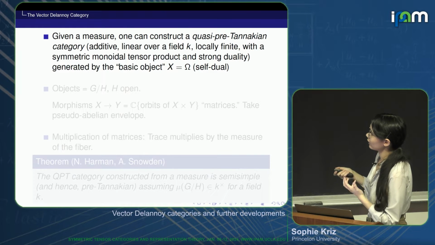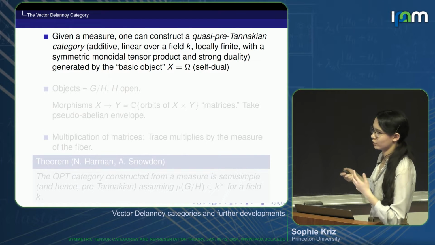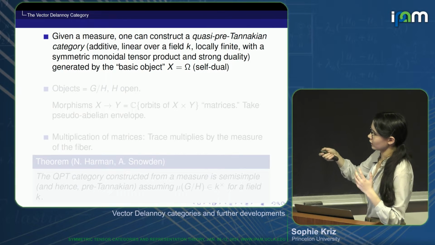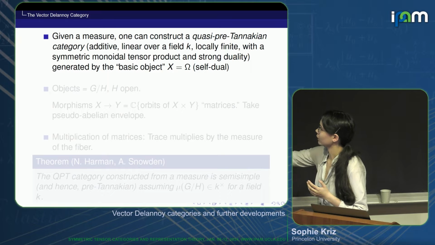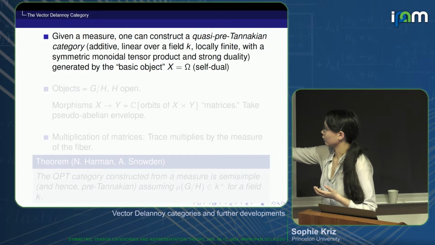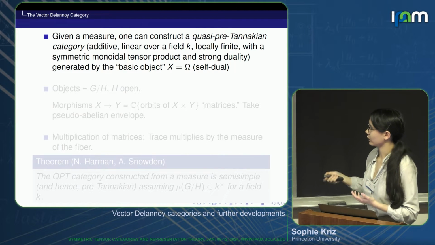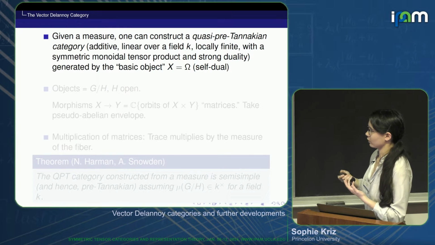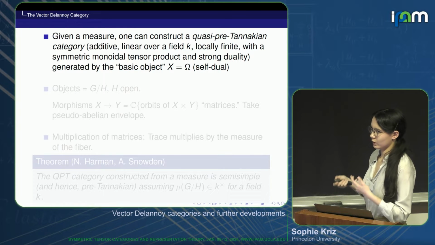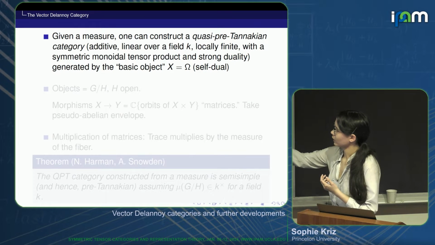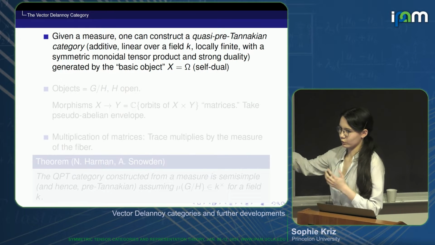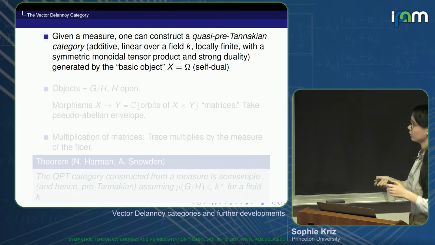Given a measure, one can construct a quasi-Pretinakian category, which I know is not conventional terminology, but I will just mean this in this talk to be an additive category, which is linear over some field K, which is locally finite, has a symmetric monoidal tensor product, and is rigid. The quasi is just referring to the fact that it's only additive and not necessarily abelian.